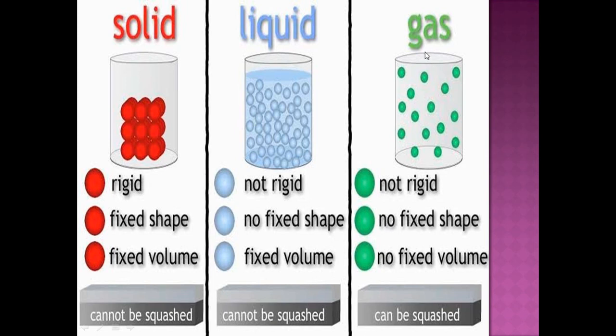What about the gas? The gases, really, have very big spaces between the molecules. What about the attraction force? It is nearly vanished. The attraction force between the molecules is very, very small.